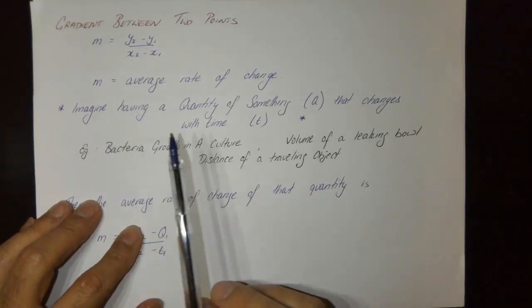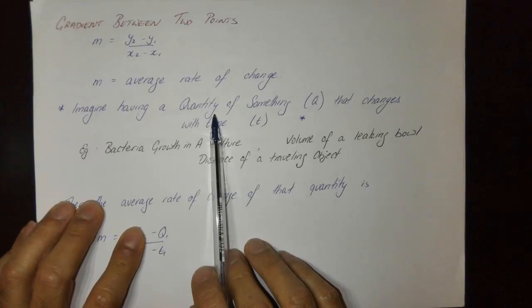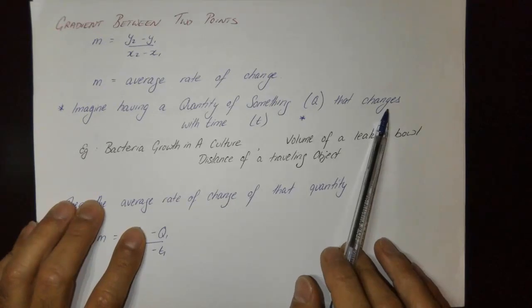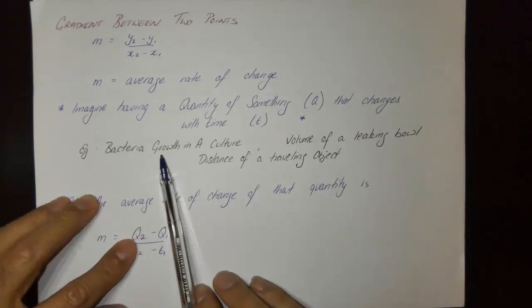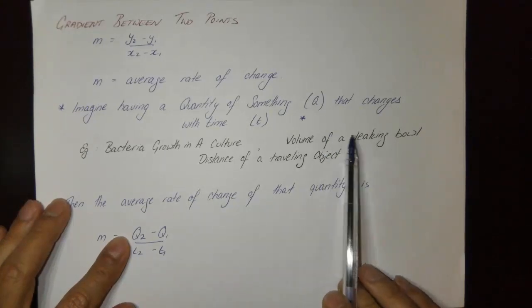Okay, so imagine now having a quantity of something, and we'll call it Q, and that changes over time. So some examples are bacteria growth in a culture, or the volume of water in a leaking bowl.